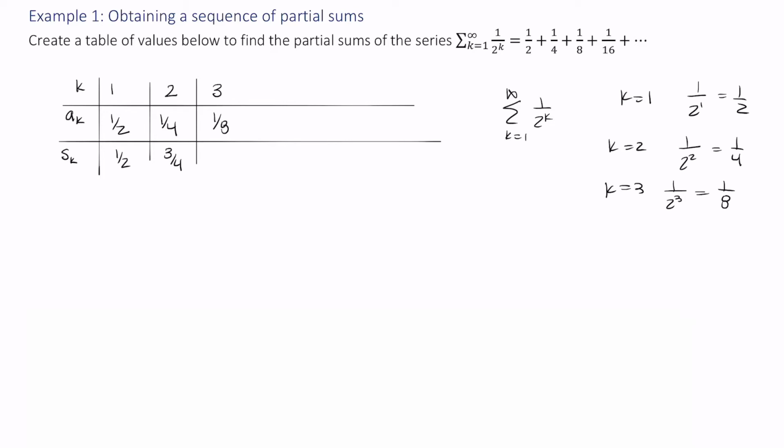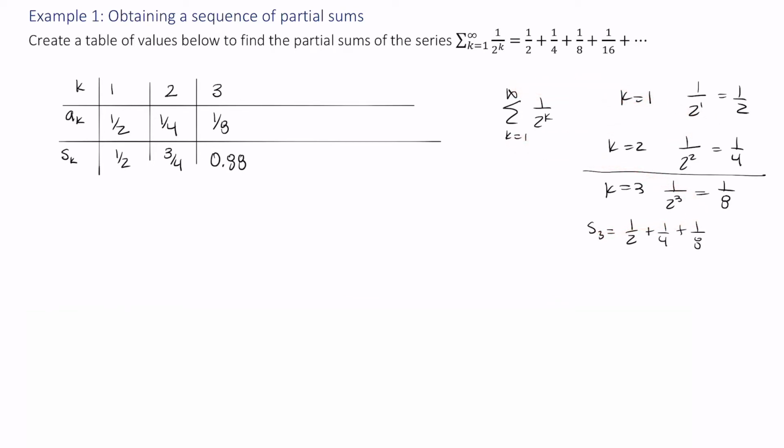And then to figure out s sub 3, the third partial sum, we need to add 1/2 plus 1/4 plus 1/8. And I'll write that in as a decimal. That's just 0.88.